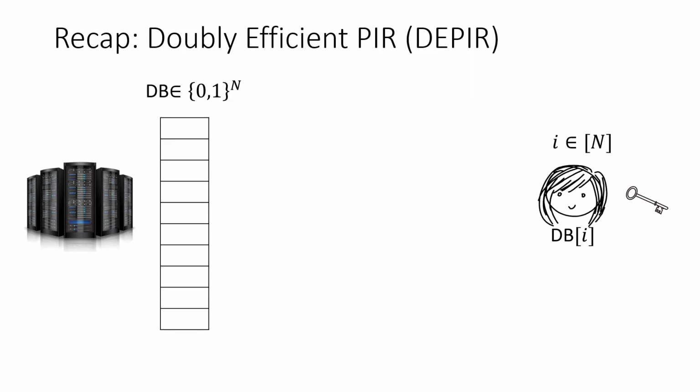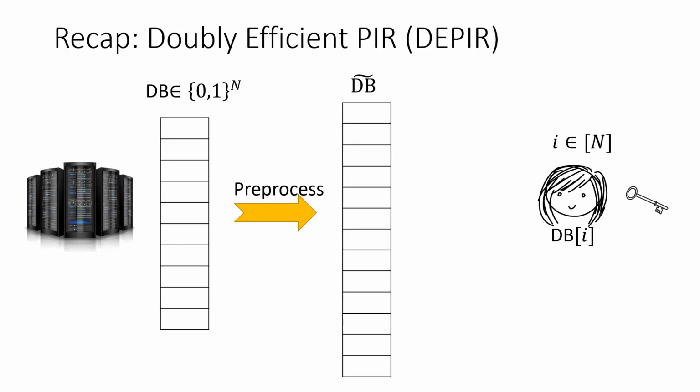We have the user Alice who wants to watch a movie, and to facilitate private movie watching, Netflix preprocesses the database into a data structure, and then our solution of PIR can allow Alice to encrypt her movie index I, and then just use a few locations in the preprocessed data structure, and Netflix can respond with the movie Alice wants to watch.